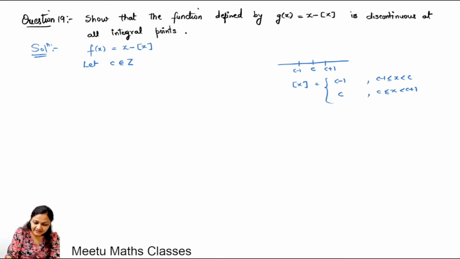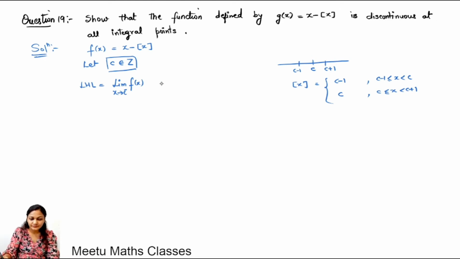Now, at this point, you have to check continuity of this function. So first, the left hand limit, and left hand limit is the limiting value of your function as x tends to c minus, and this is equal to the limiting value of your function x minus greatest integer function of x. Now we are going to substitute x equals c minus h, where h tends to 0.